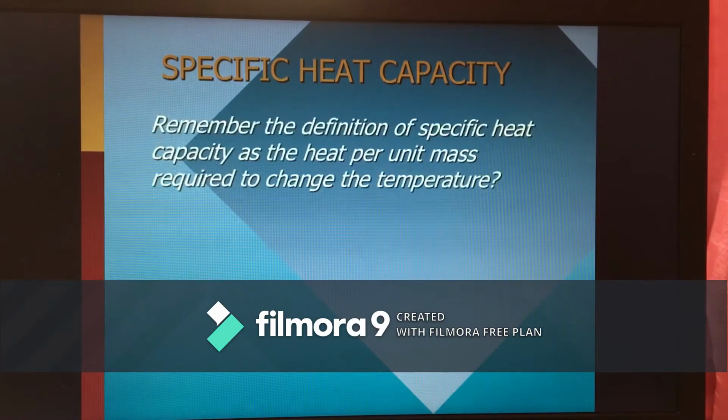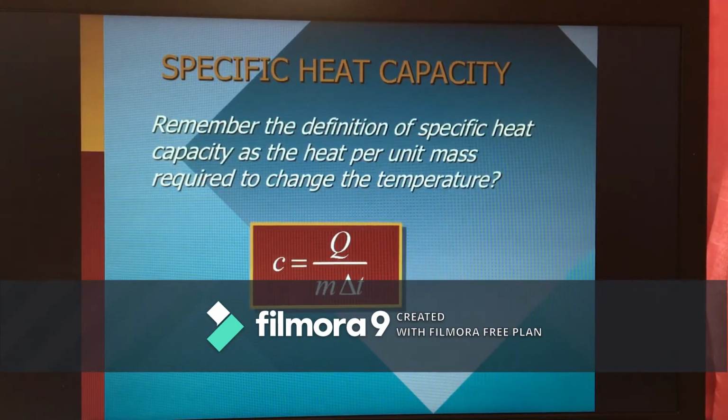Specific heat capacity. Remember that the definition of specific heat capacity is the heat per unit mass required to change the temperature. So this is given in this formula: C equals Q divided by M delta T. So C is the specific heat capacity, Q is the heat, M is the mass, and delta T is the change of temperature.